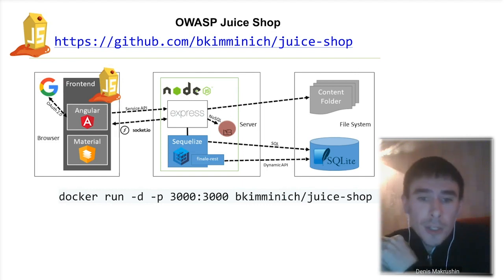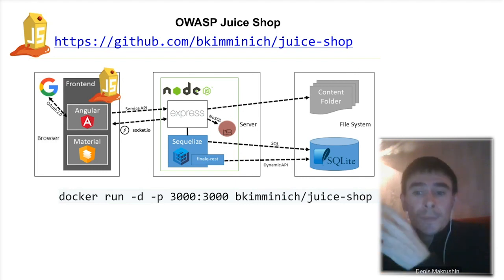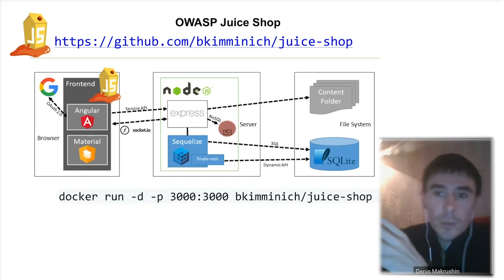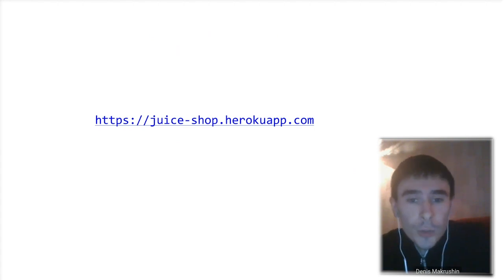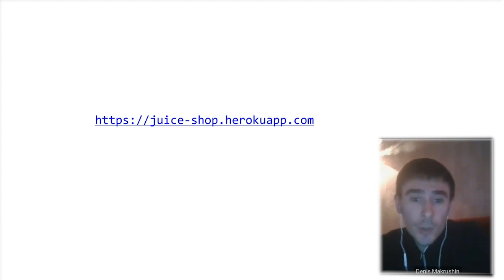I totally recommend you start from localhost, from Docker containers, to practice and repeat the principles that we will describe in the future. But also, you probably don't need to install a Docker container. You just open the link on the Heroku platform, and you can start your practice.